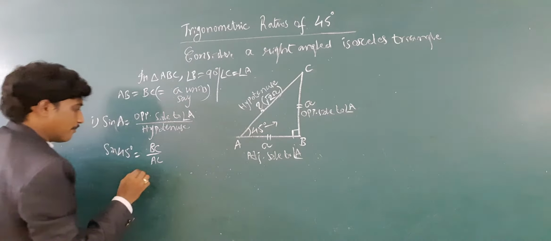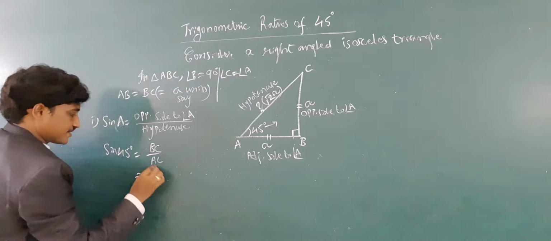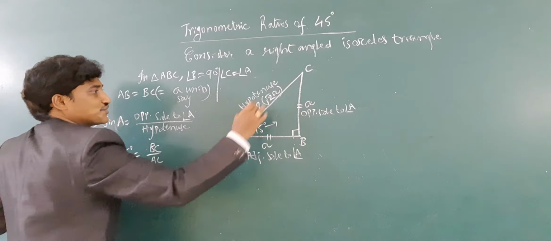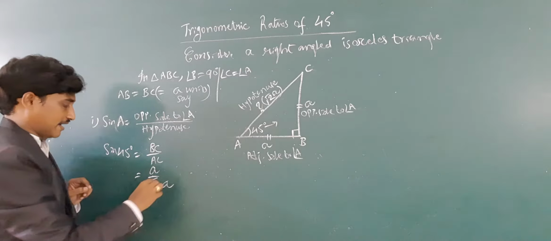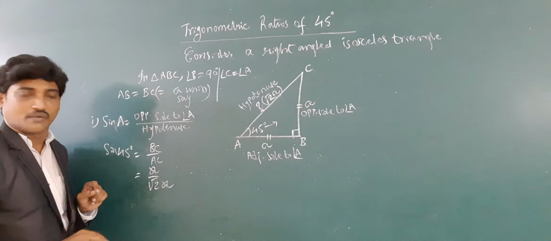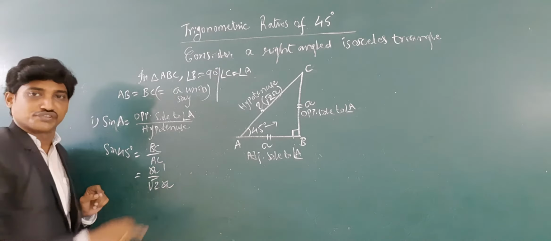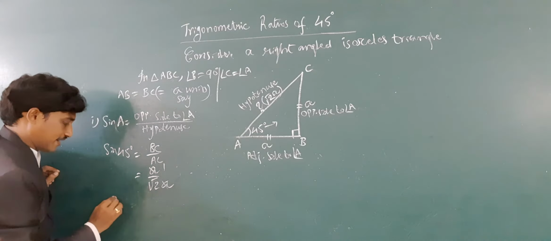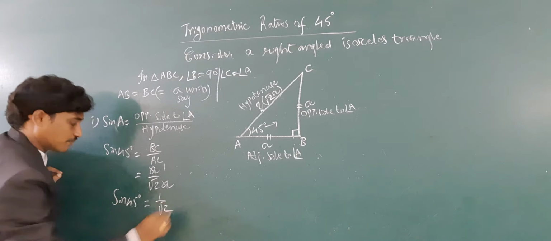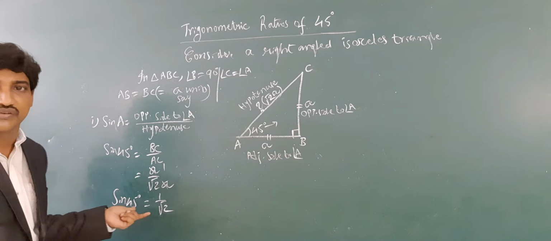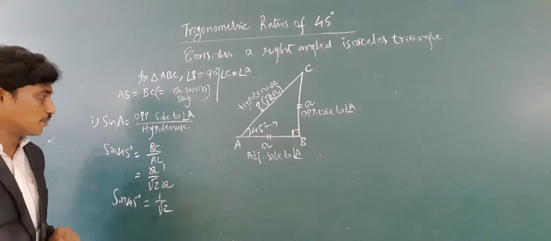That is, BC length is A units by AC length is root 2 A units. A gets cancelled, as A is non-zero, so sine 45 degrees is equal to 1 by root 2.